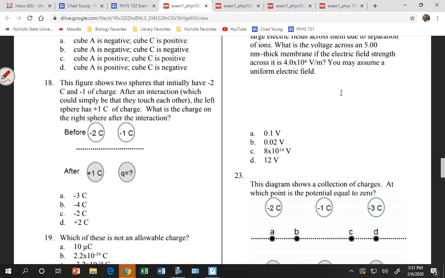So before, I have a charge of -3 coulombs. Since charge is conserved, I still have to have -3 coulombs after, when we have this interaction and they transfer charges. So I have +1 plus Q equals -3. So Q is equal to -4. B.